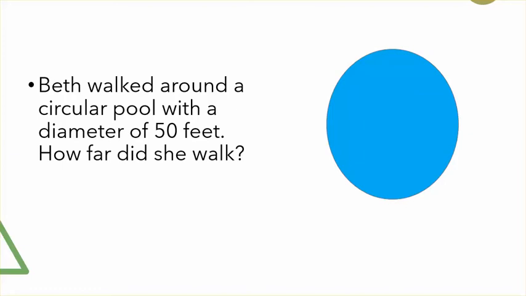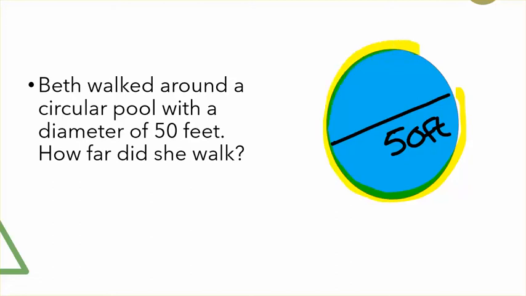For a lot of people, a picture might be helpful, so you could make your own sketch. So I drew a circle. The diameter is 50 feet. I can draw the diameter on there. And I want to find out how far she walked. Hey, she's walking around the outside. Oh, the distance around the outside, that's circumference.